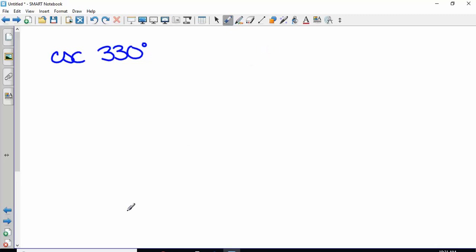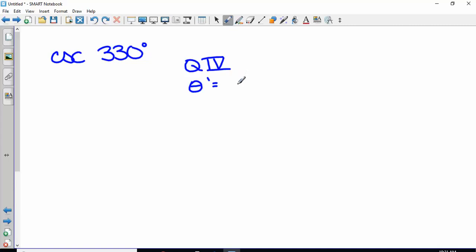If I said cosecant of 330 degrees, what two pieces of information do I want you to write down? What quadrant is 330 in? Reference angle in quadrant 4.